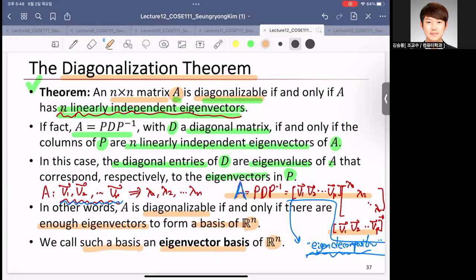So if you have n linearly independent eigenvectors, we decompose your matrix A as P D P inverse, where the columns of P are n linearly independent eigenvectors of matrix A, and the diagonal entries of D are eigenvalues of matrix A corresponding to the eigenvectors in P. That's the diagonalization theorem.